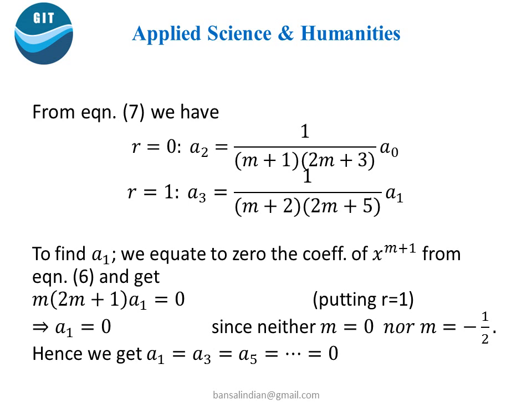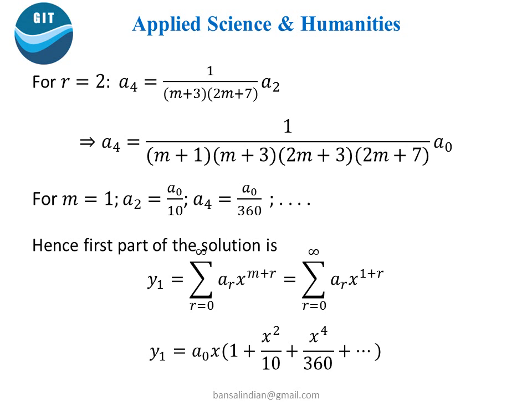Now to find a_1, we'll equate the coefficient of x to the power m + 1 to 0. We'll be having m(2m + 1) a_1 equals 0. Since m is not equal to 0 and m is not equal to minus half, a_1 equals 0. If a_1 equals 0, a_3 and a_5 will also be 0.